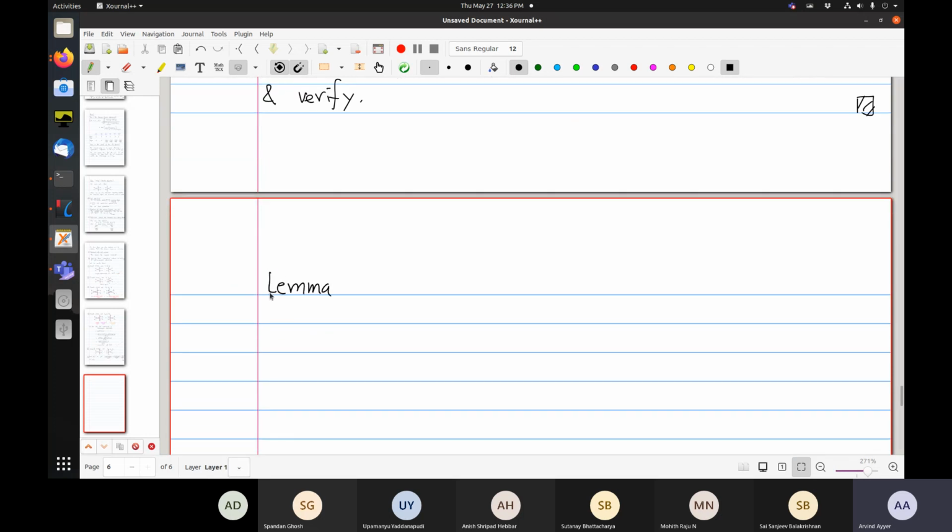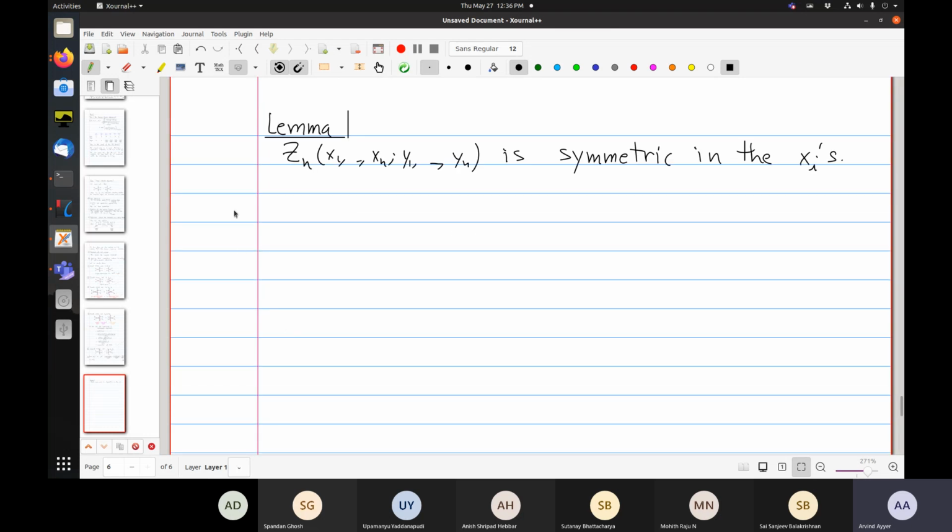So this is what we can prove now. This is the lemma. Zn of x1 up to xn, y1 up to yn is symmetric in the x's. So that's what we'll prove, and for the yi's by a completely analogous argument using the same Yang-Baxter equation. So, proof.